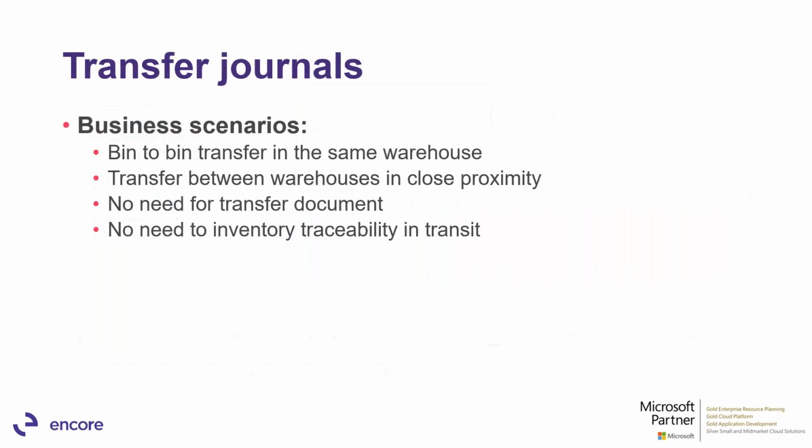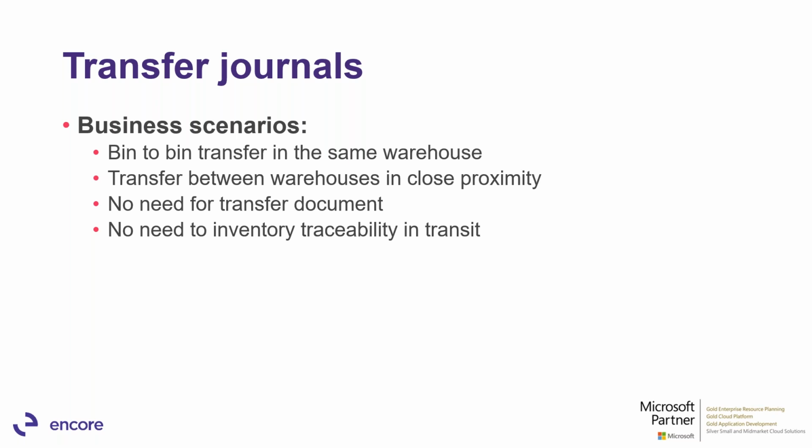So that was all about the transfer orders, and now let's move on to the transfer journals. The transfer journals are a way simpler and in a way much more versatile functionality in D365FO. And you may use them in the following scenarios. When items need to be transferred within the same warehouse between bin locations.